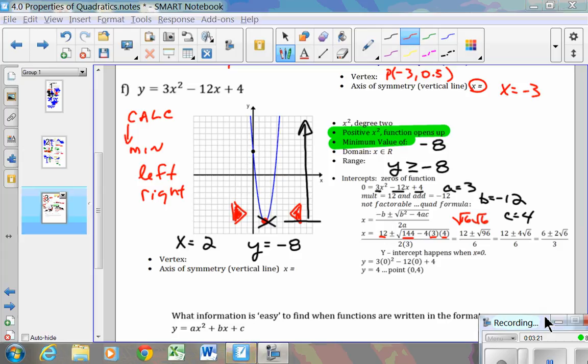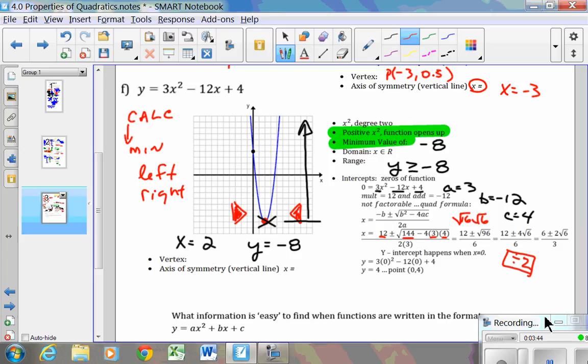So I have 12 plus or minus 4 root 6, all divided by 6, and all of those terms all divide by 2. So I take 12 divided by 2 is 6, 4 divided by 2 is 2. I don't change the root 6, I'm only changing the coefficients in front, and the bottom 6 divides by 2 as well.